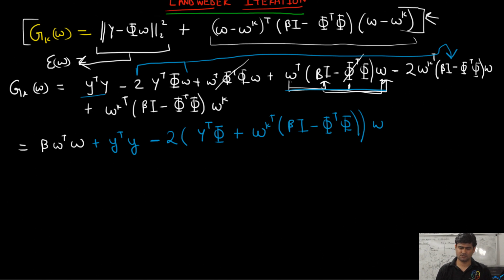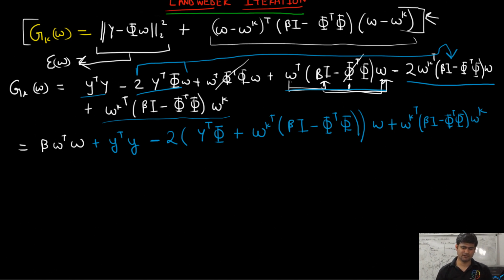So we are done with this term and this term. So now only this term is left, plus wk transpose beta I minus phi transpose phi times wk.